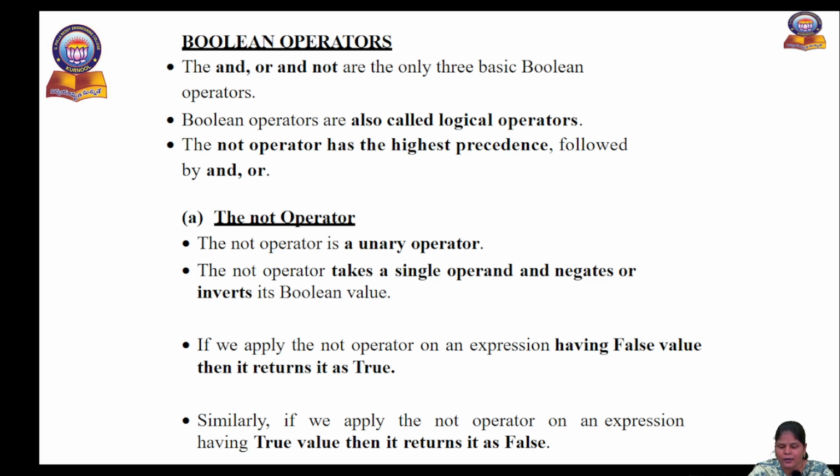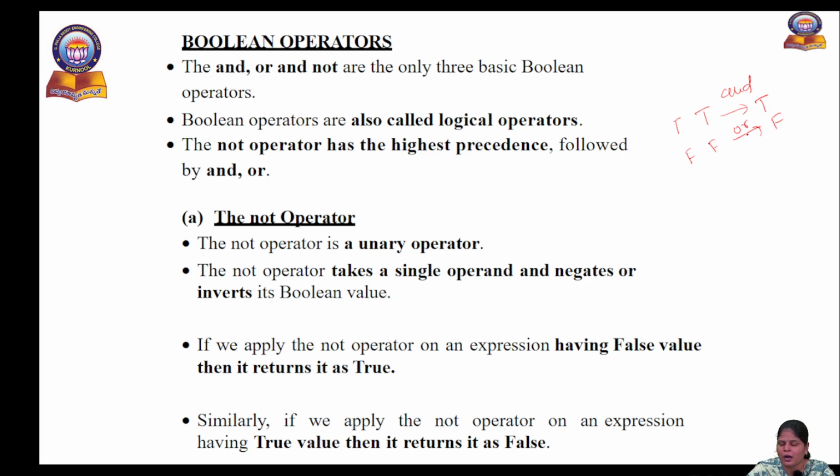And mainly specifies that, whenever you consider two values, if the first value is true and the second value is also true, then and will give the output as true. In other cases, it will give the output as false. Whereas coming to or, if both the operands are false, it will give the output as false, otherwise true.